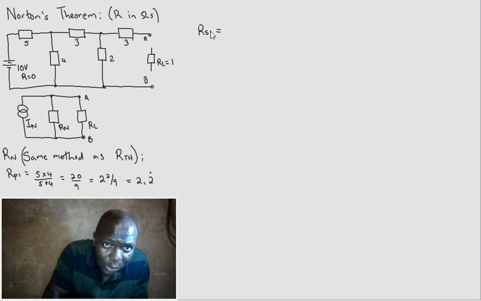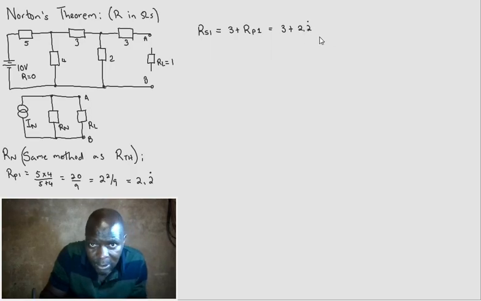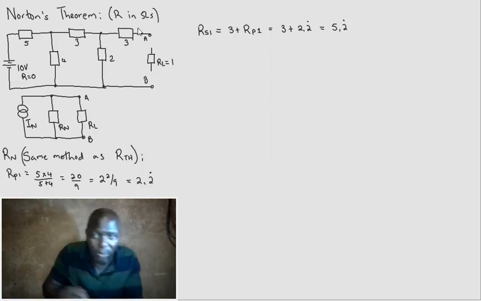R series 1 is going to be the 3 ohm in series with R parallel 1, which will give me 3 plus 2 comma 2 recurring, which will then give us 5.2 recurring. I've already said all my answers are in ohms, so I'll be forgiven for not including the ohm symbol there.